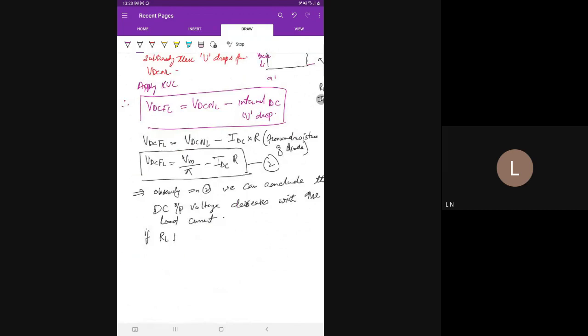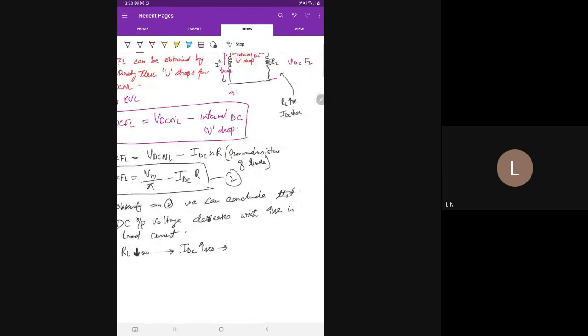If RL decreases, it will have the opposite effect: the DC current increases.